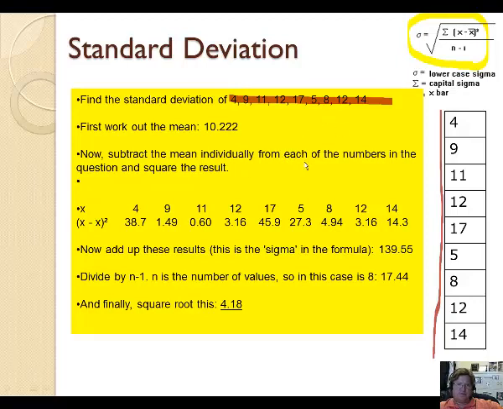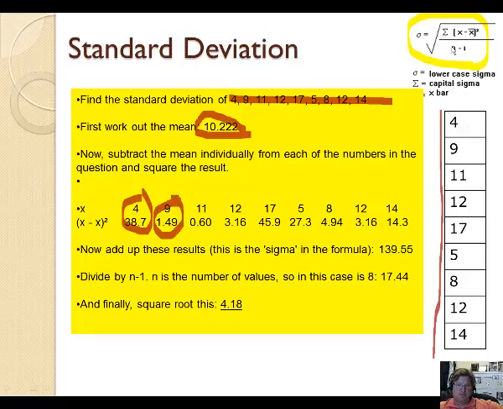So first thing we do is work out the mean, and we would just add all of those up and divide by 9. Then we subtract the mean from each of the numbers in the distribution and square the result. So we'd subtract this from each one of these scores and then square the result, which are these numbers at the bottom here.